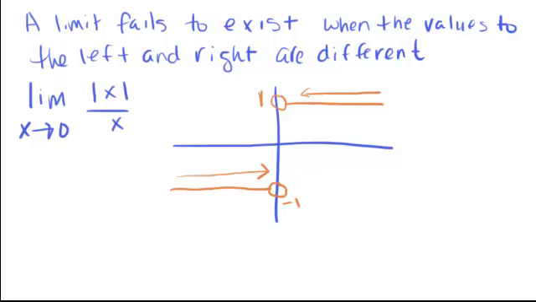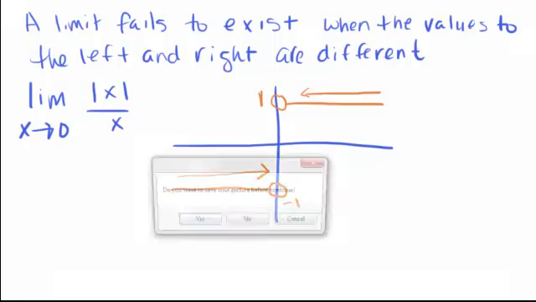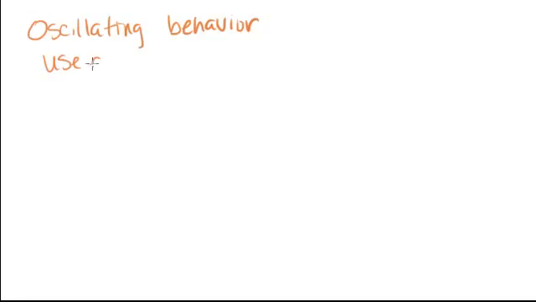So here's the one I want you to do for class. We're going to look at oscillating behavior. So the example for class I want you to give a shot at is to use a table and a graph. I don't care what graphing utility you use.